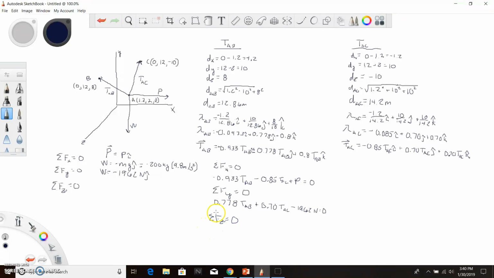Here we just have 2, 0.8 TAB plus 0.7 TAC equals 0.